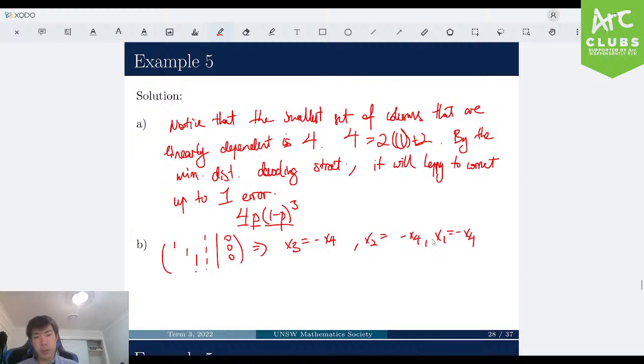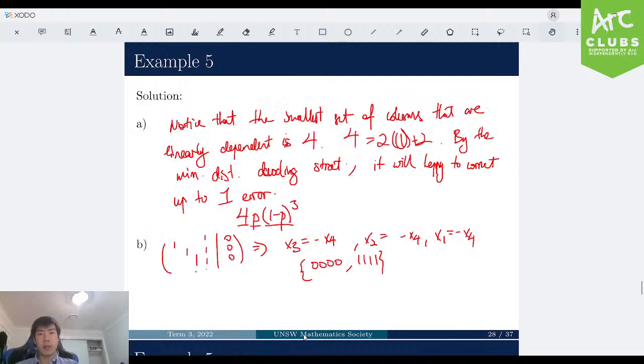So if we set x4 to be 0, well then under modulo 2, x4 will be 0, but so will x1, x2, x3. Similarly, if we set x4 to be equal to 1, negative 1 modulo 2 is the same as 1. So if x4 is 1, then x1 will also be 1, x2 will also be 1, x3 will also be 1. And so in this code set, you will just have the code words 0, 0, 0, 0 and 1, 1, 1, 1. Which is exactly the binary repetition code, right?